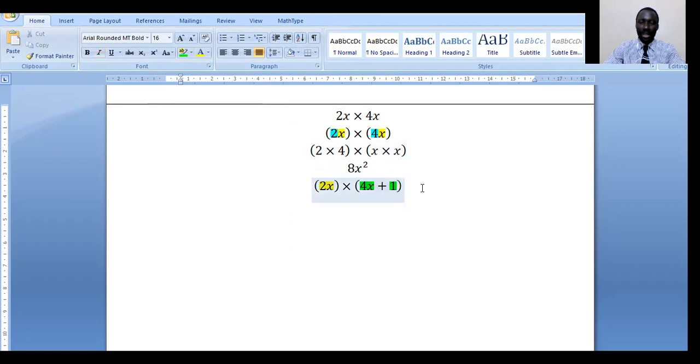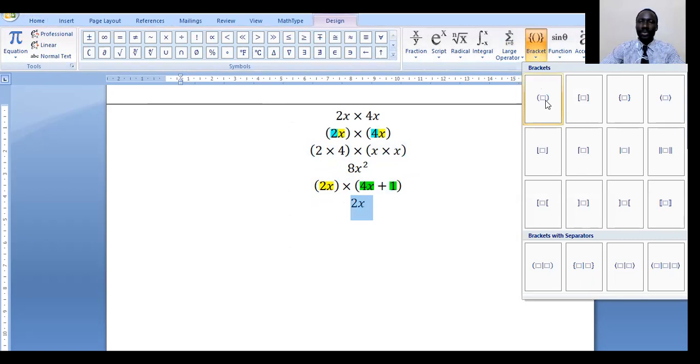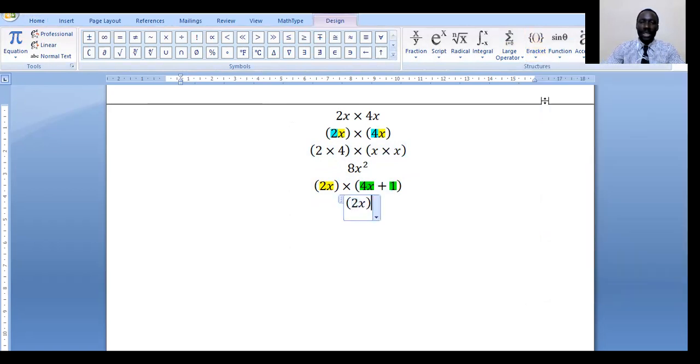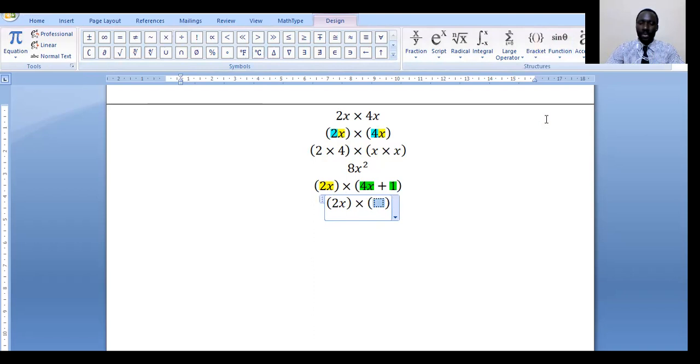What I'm trying to say here is that this 2x, which is inside one bracket, okay, just put it right like this, we will use it to multiply for the first time 4x, also in its own bracket, like that.